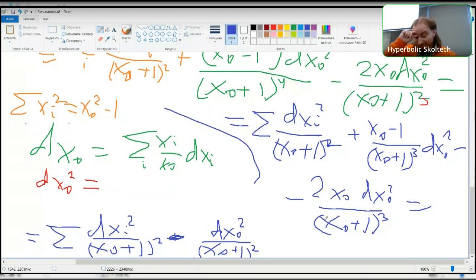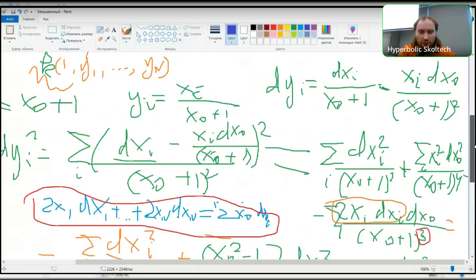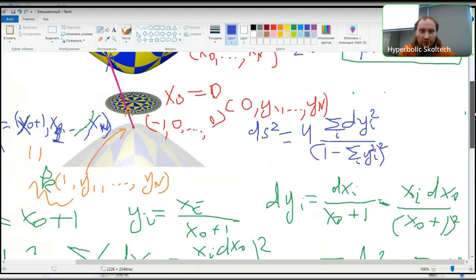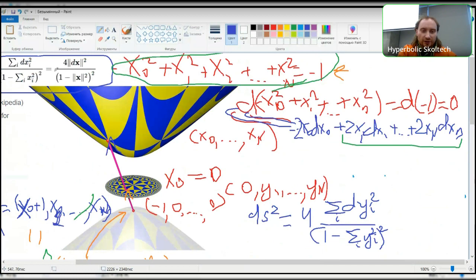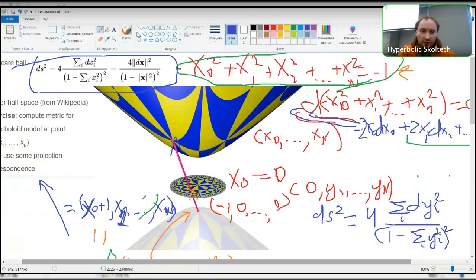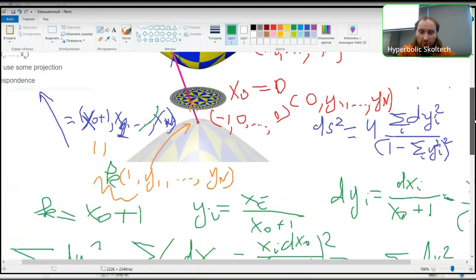Seemingly always correct, but I thought that the metric will be different actually. Yes, actually we just computed this thing. So everything is not lost for now, since we have to multiply by 4 and divide by this denominator.